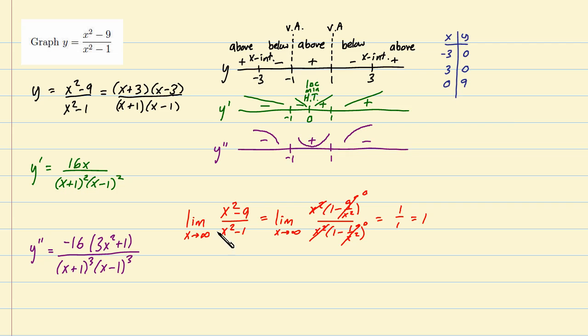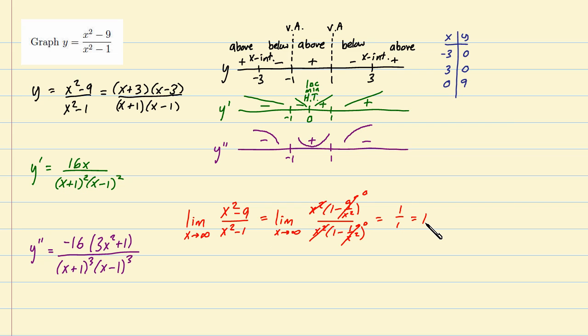Now, I said there was a shortcut. If you're looking at just rational functions, where you have a polynomial over a polynomial, then if the degrees of these two agree, the value of the limit can be obtained rather quickly by looking at the ratio of the leading coefficients. Of course, both of those here are 1.